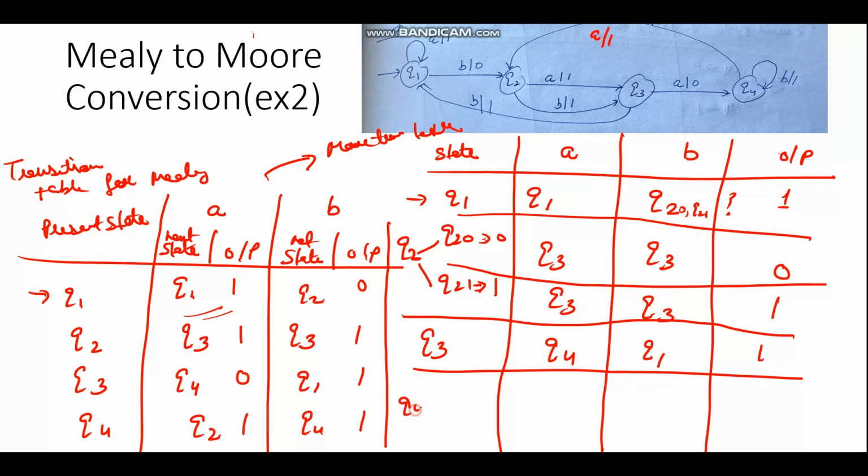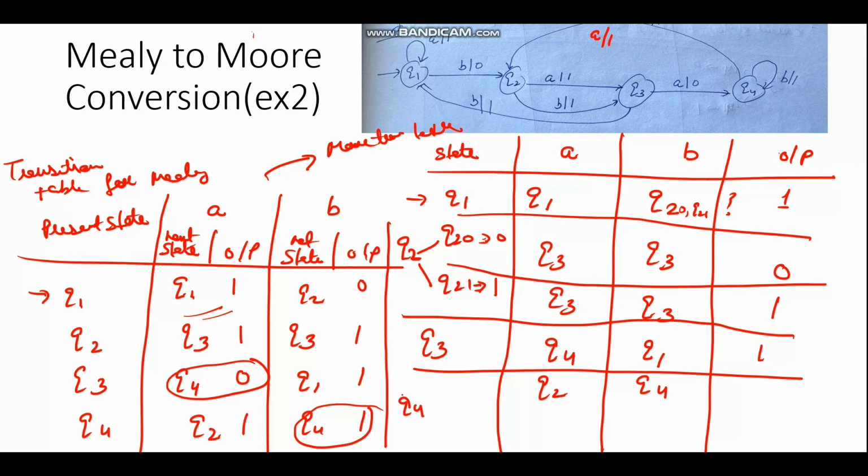When we are checking for Q4, we see the transitions are Q2 and Q4. For A, it is Q2. For B, it is Q4. We will simply write that, but the question is what is the output in that case. Now for Q4 there is one occurrence of Q4 over here and another occurrence over here, with the output 0 and 1.